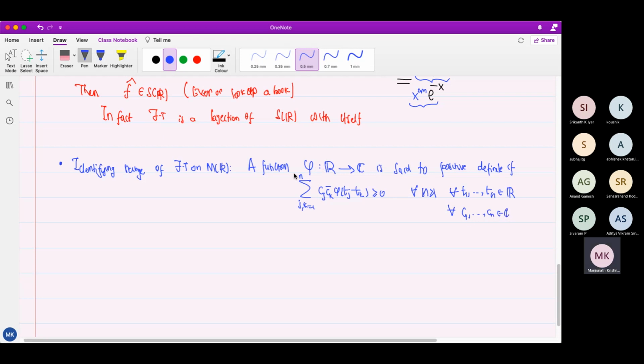So this is very similar to the definition of positive definiteness that we had on the circle. There, the arguments were on the circle 0 to pi, but here the arguments are on the real line.